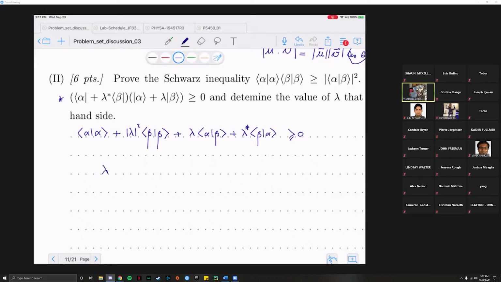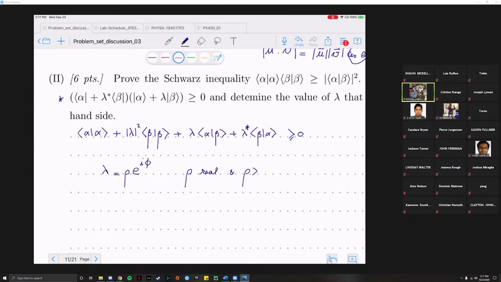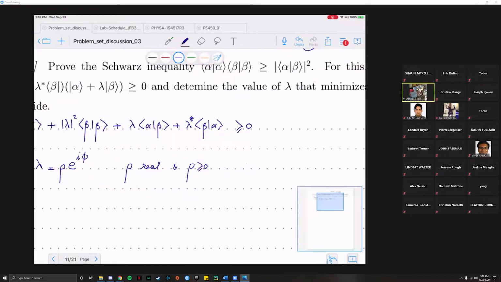I said, okay, let's consider that lambda is some number rho that multiplies exponential i phi, where I have rho that is real and rho that is positive, and phi is just real.